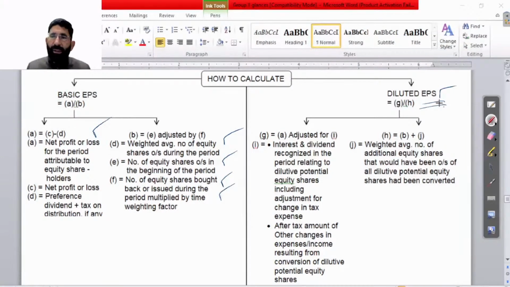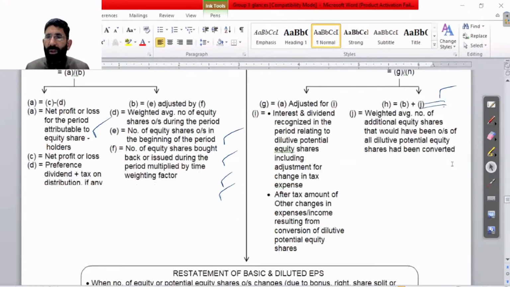What is diluted EPS? Let's understand this first. For that, I would like to take examples again, as we have done in our previous lecture. The procedure will also be the same, so that we can understand.